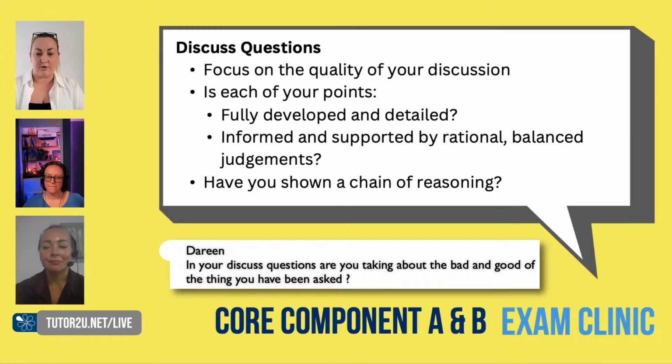So if it's about a health condition and referring to treatments, then that's going to be advantages and disadvantages. Whereas if it might be something about multidisciplinary working, it might be that you talk about the benefits of multidisciplinary working and then the limitations of it as well. So it's quite similar, but then tailor it to the question that you're being asked.